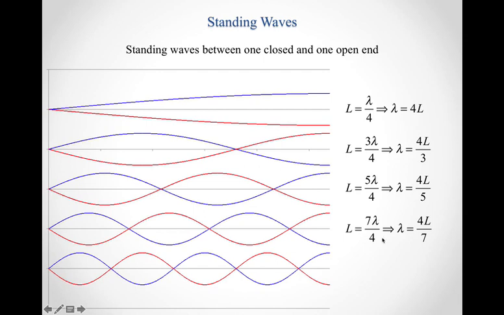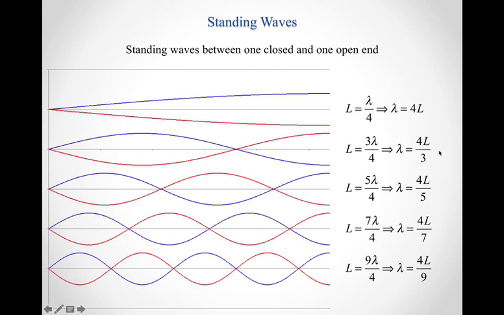So this is 1 3/4 of a wavelength for my distance L, and so the wavelength is equal to 4L over 7. For the ninth harmonic, 1 full wavelength, 2 full wavelengths, again plus 1/4, so this is 2 1/4 wavelengths is the length L, which means that the wavelength of the standing wave for my ninth harmonic is 4L over 9.